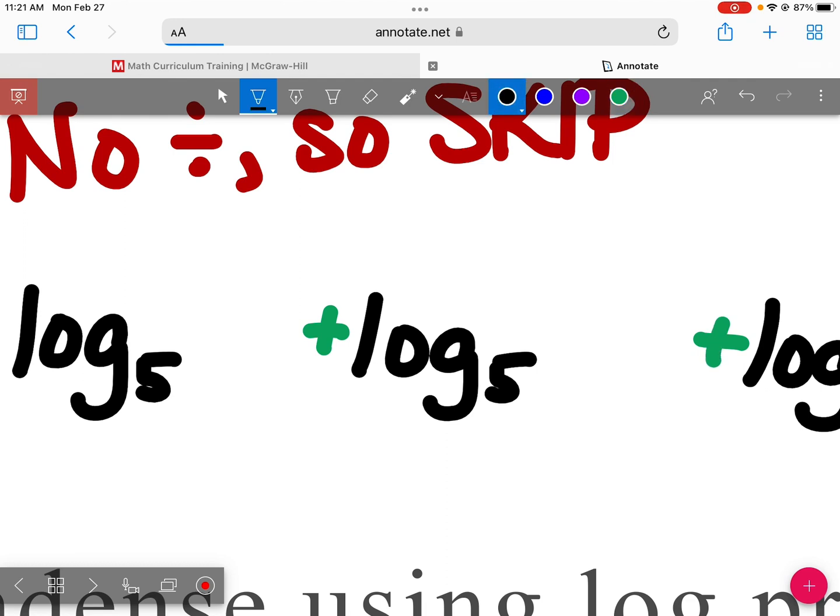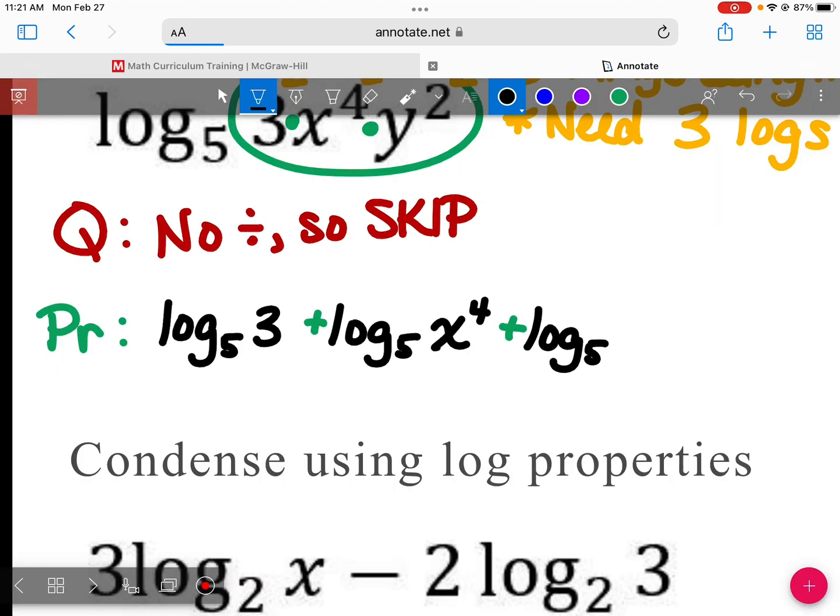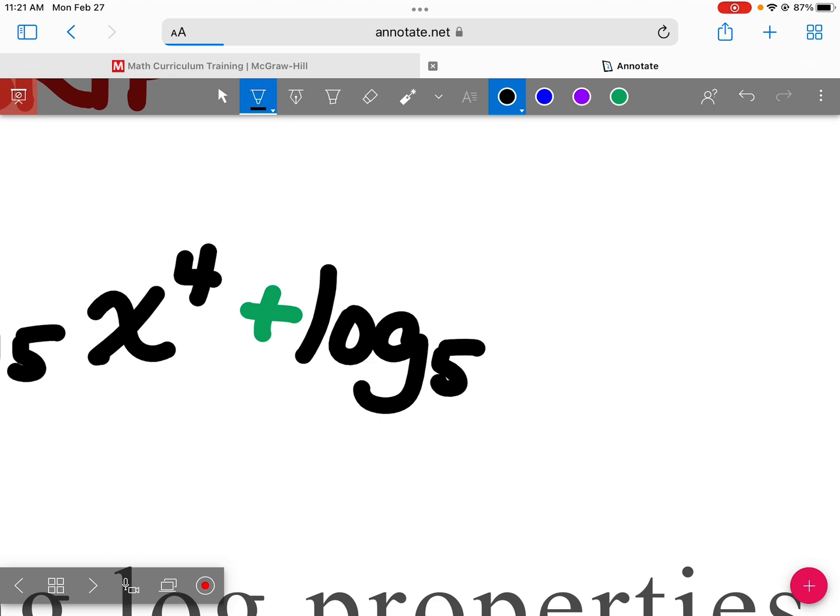Every log has to have an argument with it. This is log base 5 of 3, whatever the first part of this argument was. So log base 5 of 3, plus log base 5 of whatever came next, x to the 4th power. And then finally log base 5 of y squared, y to the 2nd power, yes.